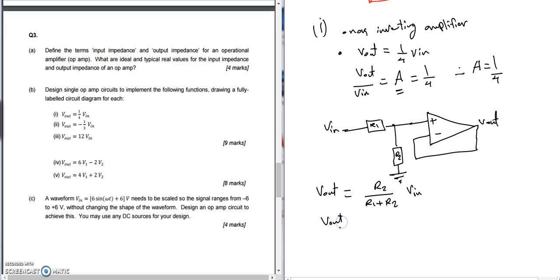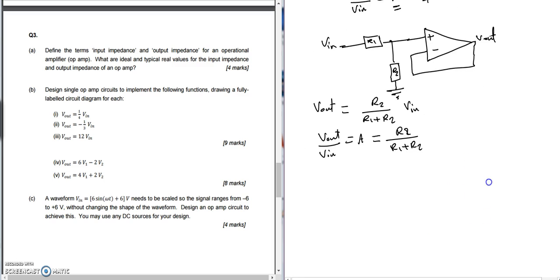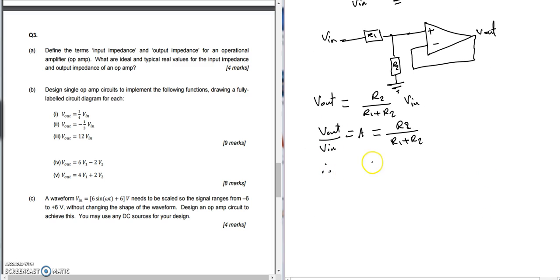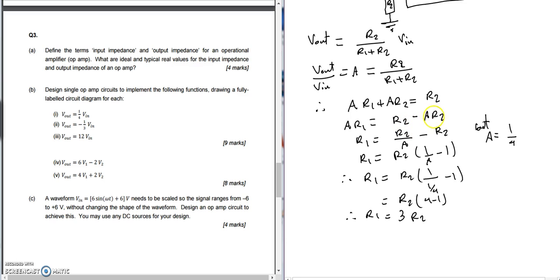So Vout over Vin, which is equal to A, is equal to R2 over R1 plus R2. Therefore, just put this on the other side. It's going to be AR1 plus AR2, so AR1 is equal to R2 minus AR2.